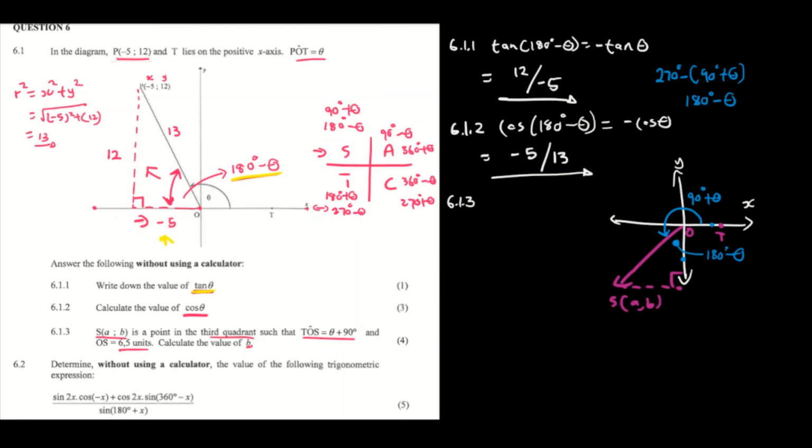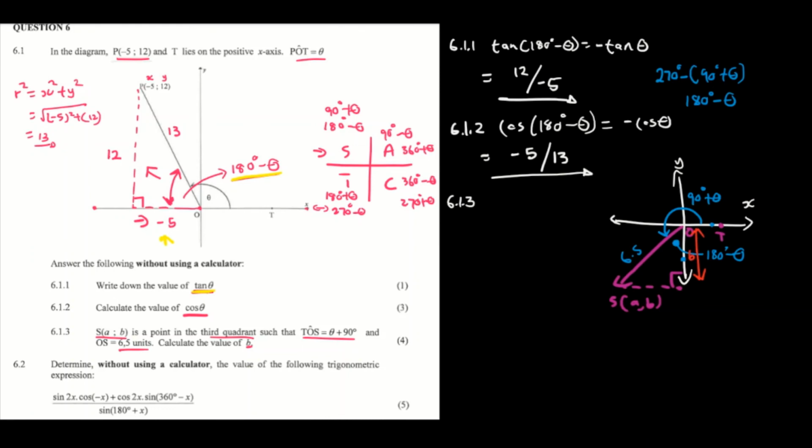And we are told that, if this is O and this is S, the hypotenuse side is actually 6.5 units, and we're required to find the y value which exists here. So this is the y value, or B rather.